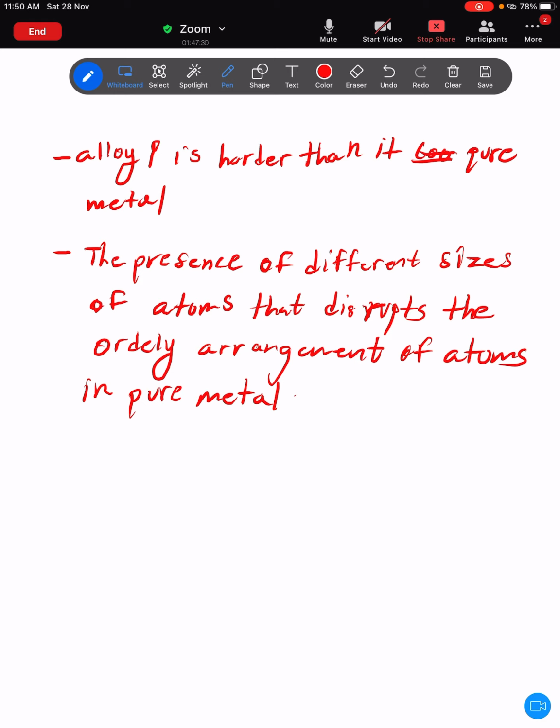Second mark. So what happened? When it disturbs, what happened? That is our concern.